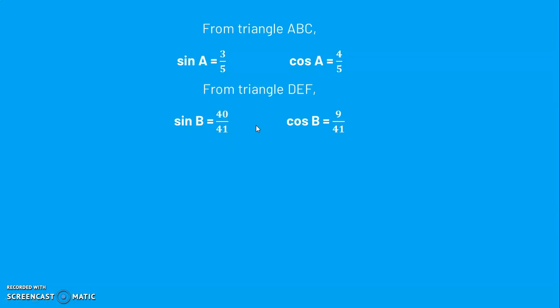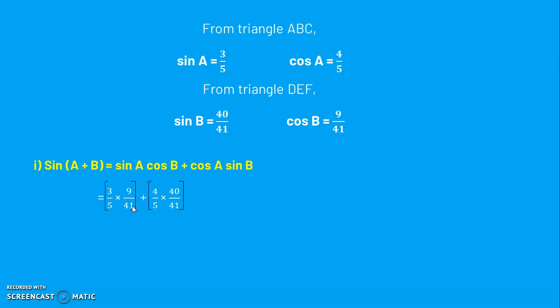So first we have to solve sin A plus B, which is sin A cos B plus cos A sin B. So your sin A is 3 by 5 and cos B is 9 by 41, and your cos A is 4 by 5 and sin B is 40 divided by 41.